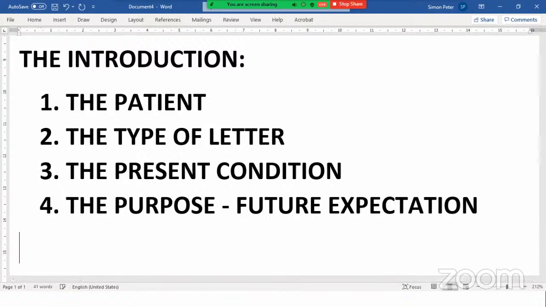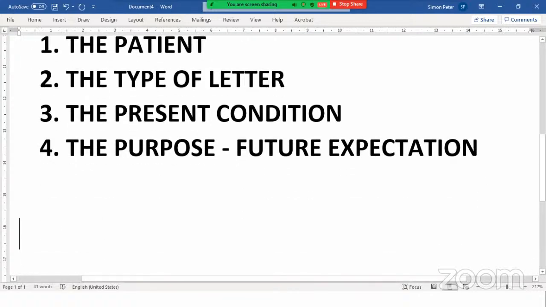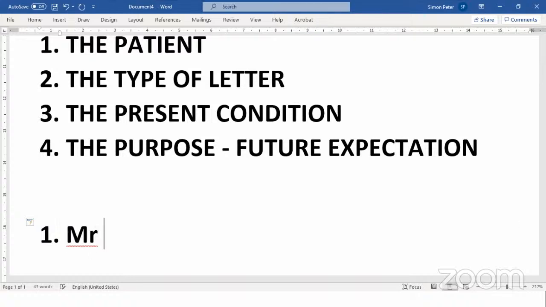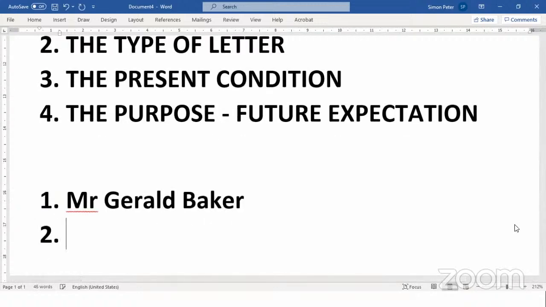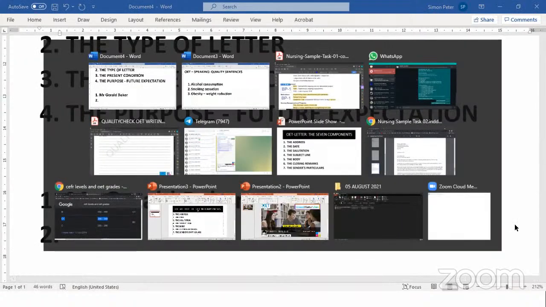Right. So let us take the same things once again. Number one, this is Mr. Gerald Baker. That is the name of the patient.